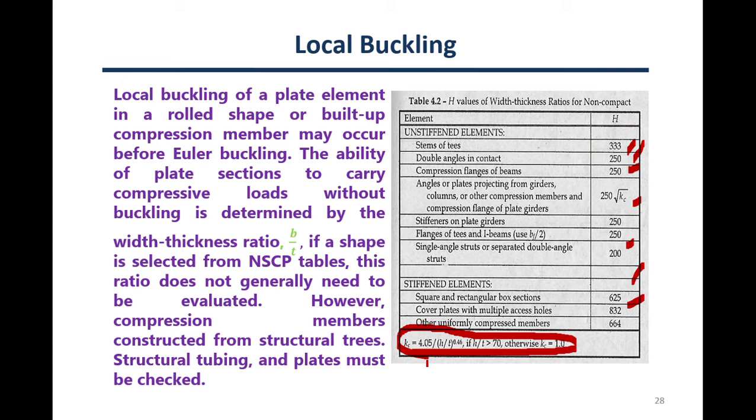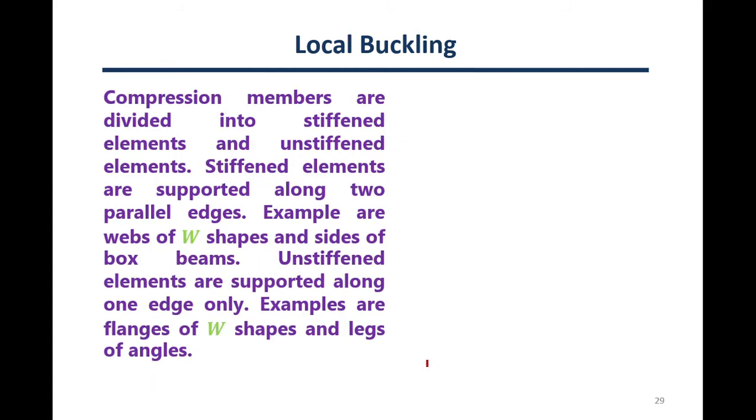So, the ability of a plate section to carry compression loads with or without buckling is determined by the width-thickness ratio, B over T. If a shape is selected from NSCP tables, so yun na nga yun, mga table na yun, this ratio does not generally need to be evaluated. However, compression members constructed from structural tubing and plates must be checked.